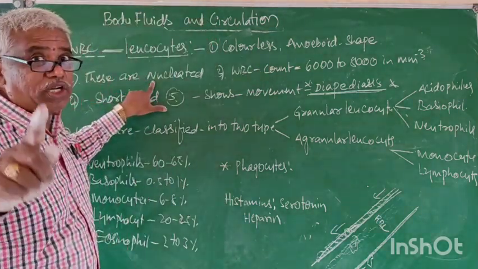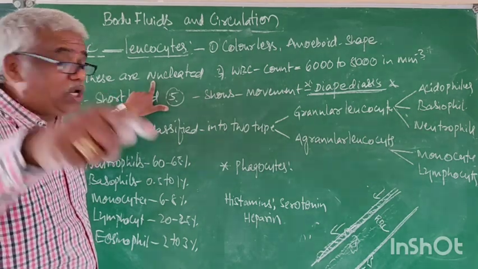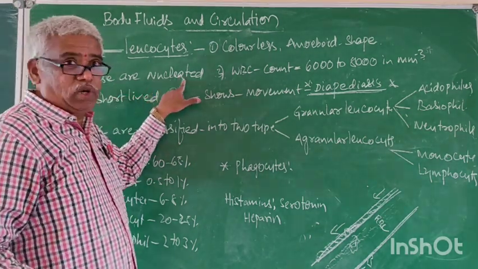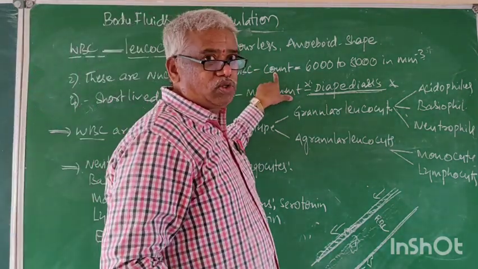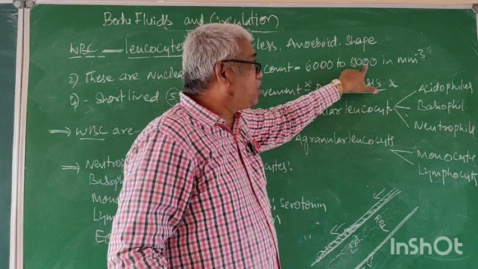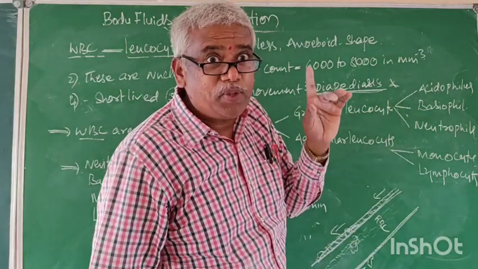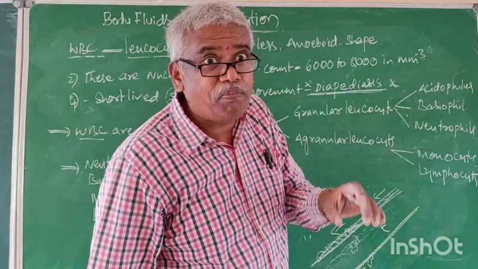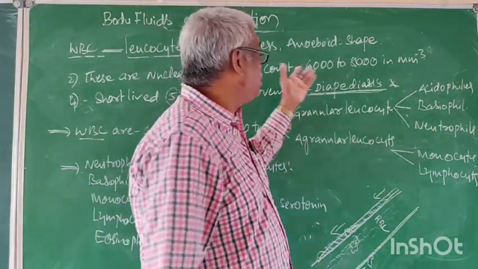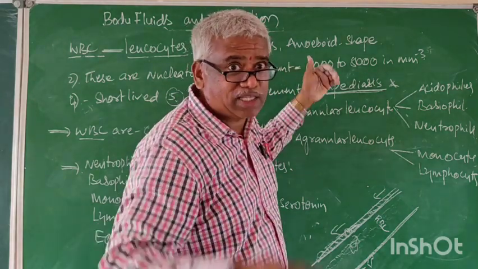These are nucleated. RBC is non-nucleated. WBC is nucleated. WBC count is 6,000 to 8,000 in 1 cubic millimeter. RBC is 5 to 5.5 millions. This is just thousands, but not lakhs.